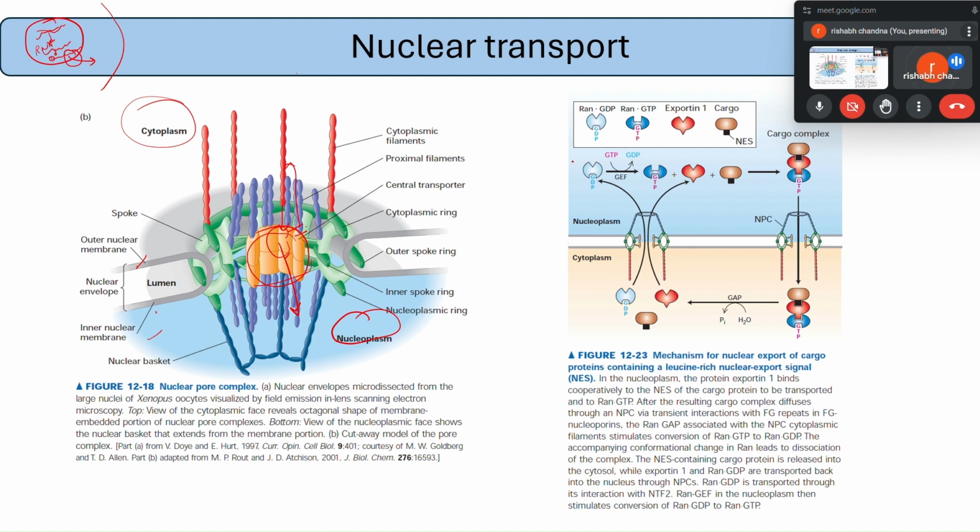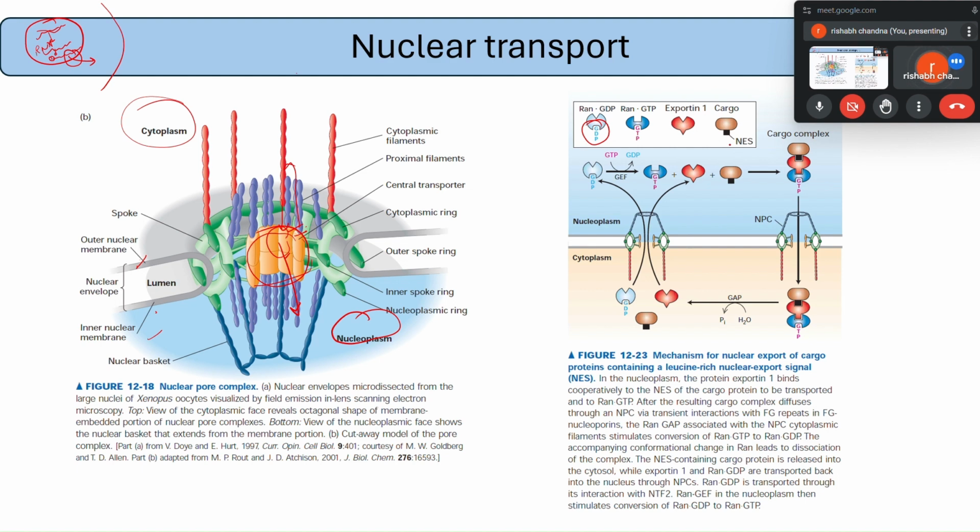How does the exit and entry of the mRNA take place? It takes place with the help of a protein called RAN-GTP. This is a monomeric GTPase, so it functions in the presence of GTP. Whenever a cargo needs to be imported inside, the protein is bound to GTP, and whenever the work is done, the GTP is hydrolyzed to GDP.